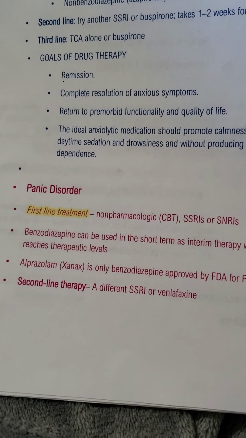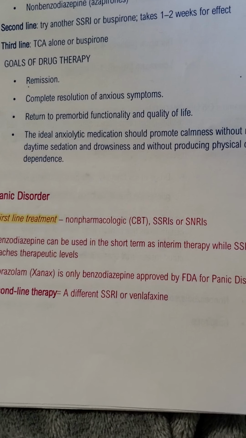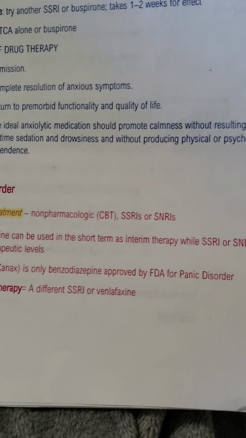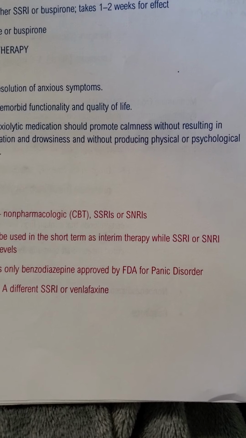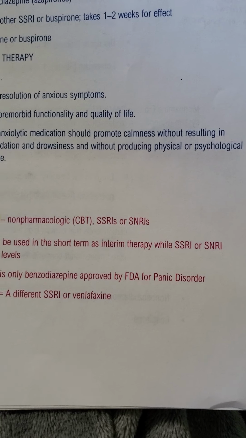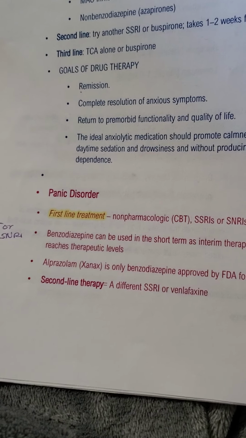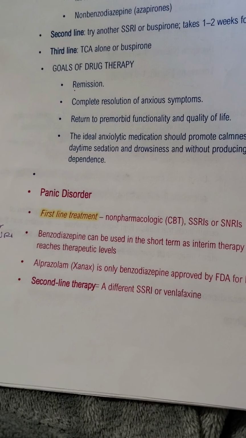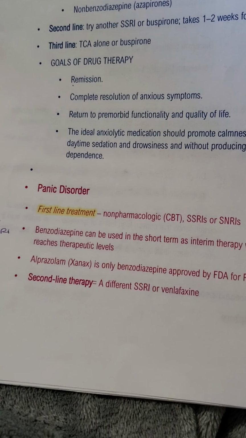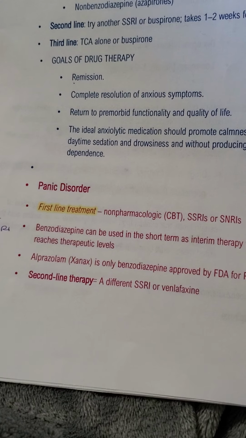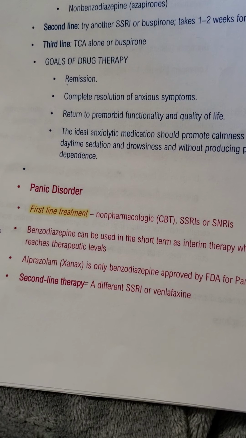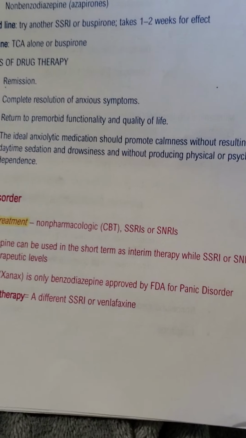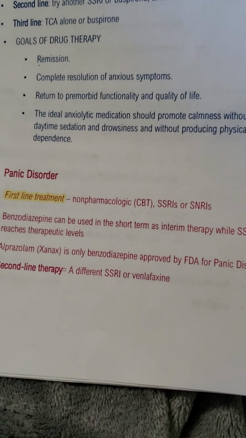Benzodiazepines can be used for short-term interim therapy while the SSRI or SNRI reaches therapeutic level. Alprazolam, Xanax, is the only benzodiazepine approved by the FDA for panic disorder.